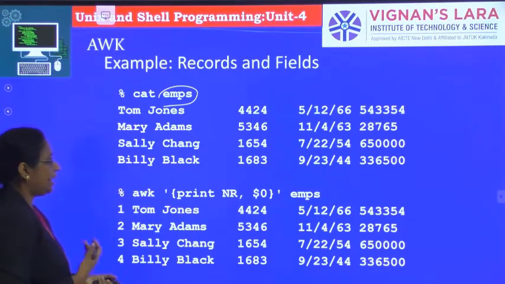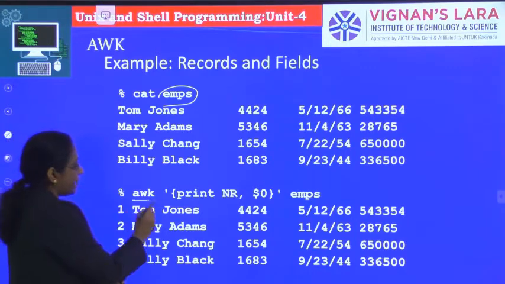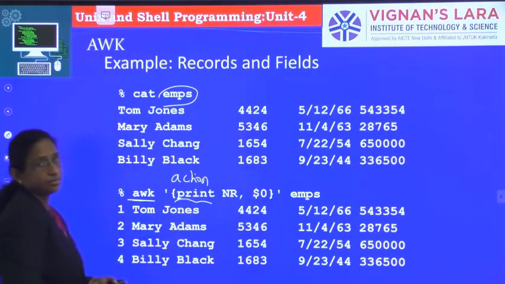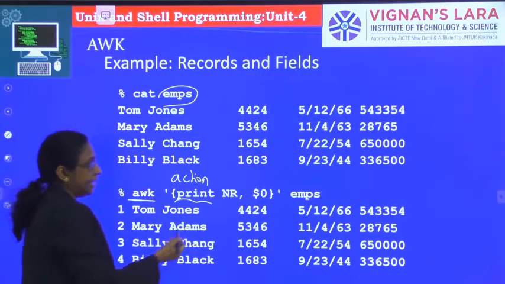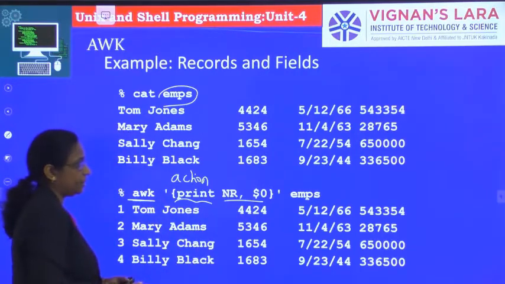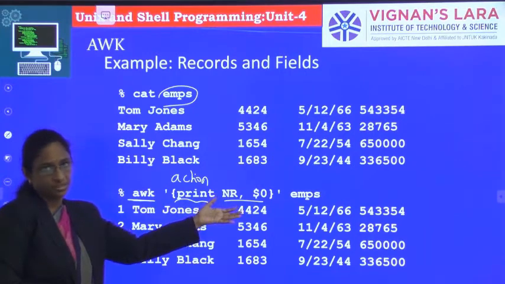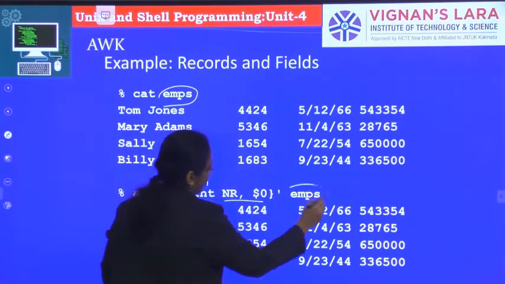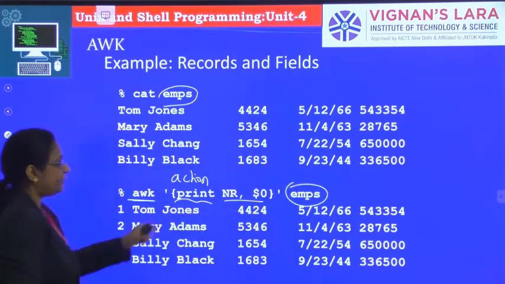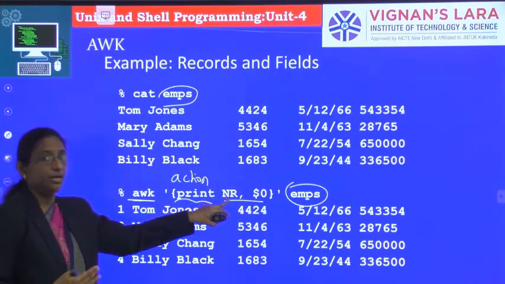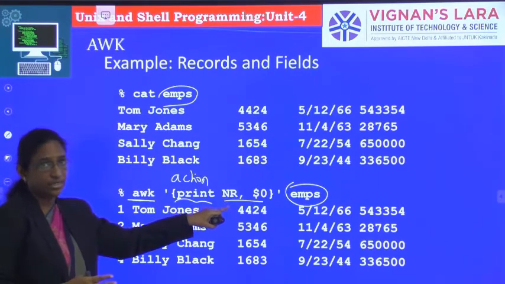This is the awk command, and this print is the action, the action that has to be performed. These are the things that ought to be searched, and this is the file. We have already said that NR displays the number of the current record.